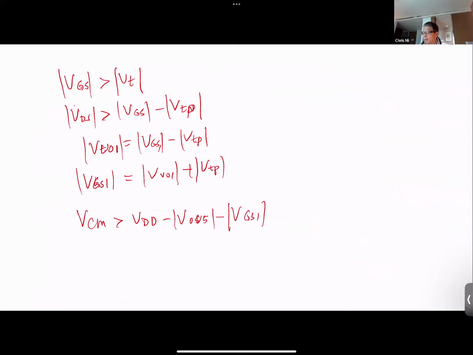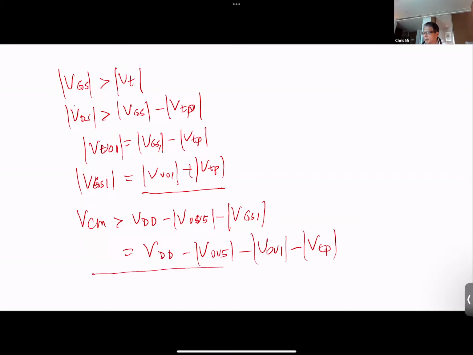And VGS1, we already know, is equal to VOV1 plus VTP. So we got VCM larger than VDD minus VOV5 minus VOV1 minus VTP. So here we got our upper limit.